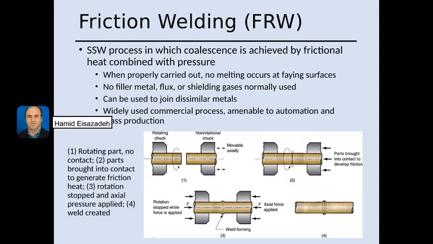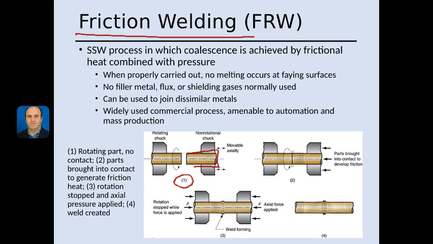One of the solid state welding processes is called friction welding. In friction welding, coalescence is going to be achieved by frictional heat combined with pressure. As you see here, we have four steps for friction welding. One part is stationary, is fixed, it doesn't move.